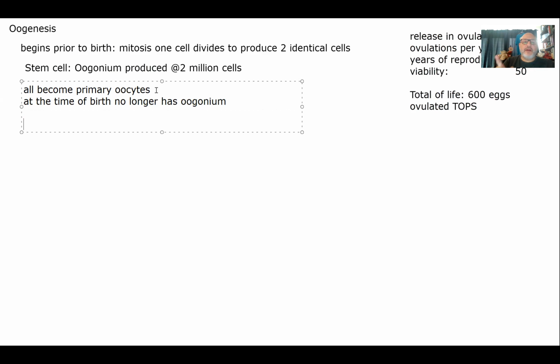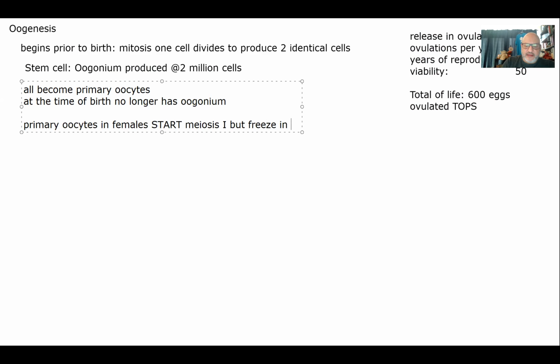Now, these primary oocytes, like primary spermatocytes, and remind me again, what process do primary spermatocytes undergo? Meiosis. And specifically meiosis 1. Excellent. These primary oocytes in females start meiosis 1, but they freeze very early in the process.